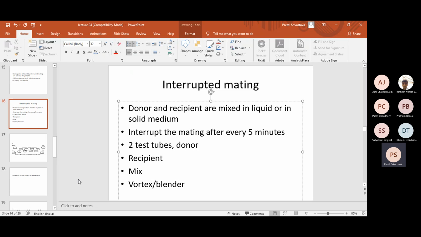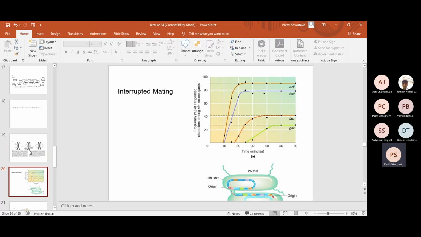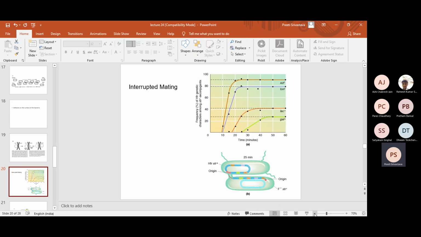Let me show you how exactly, maybe from one figure. This is a typical figure of interrupted mating. You can have markers, for example, azithromycin, GAL for galactose, LAC for lactose, you can have different markers, and you interrupt the mating and then you score for the number of these positive colonies.